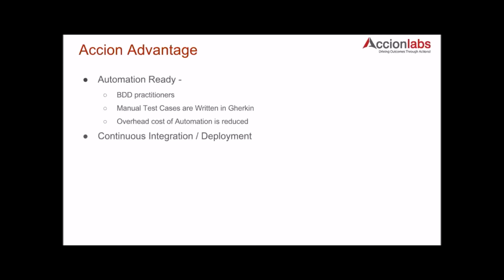And the other advantage that we have, which I'm not going to cover in this presentation, is continuous integration and deployment. Continuous integration is also automation. I'll try to explain it in a very, very simple way. Say we are 6 months into development and we have n number of features developed.